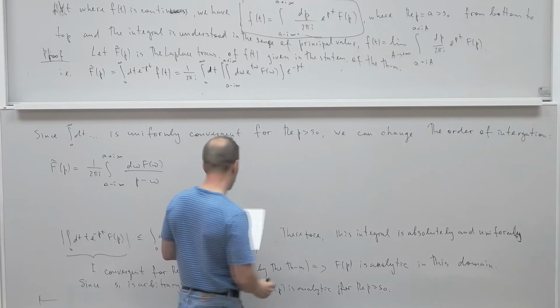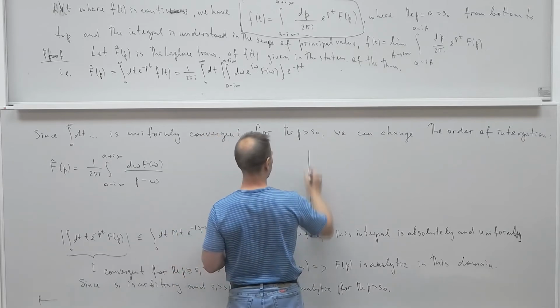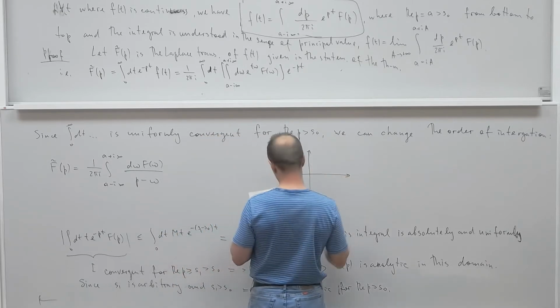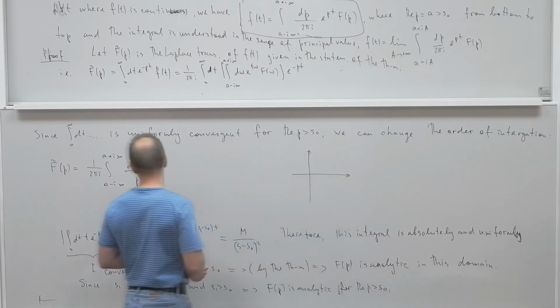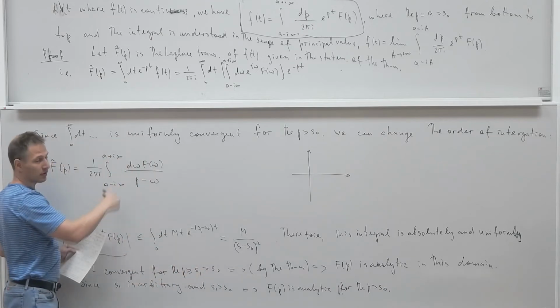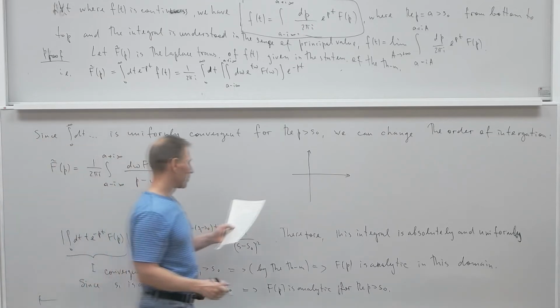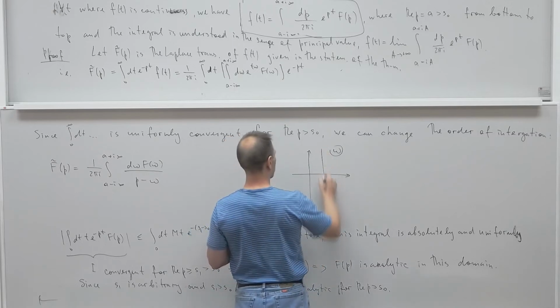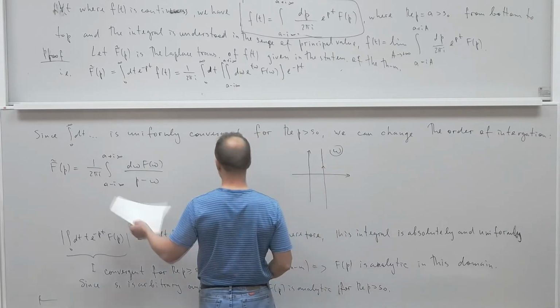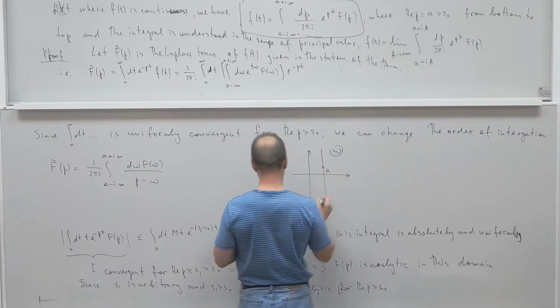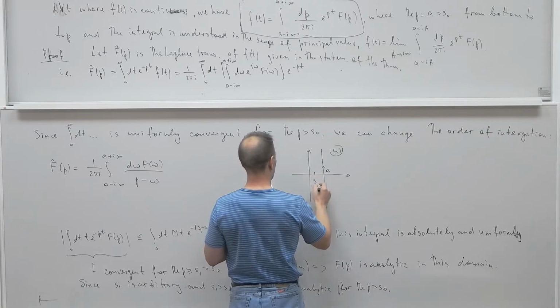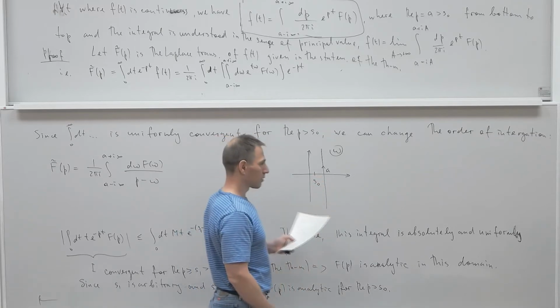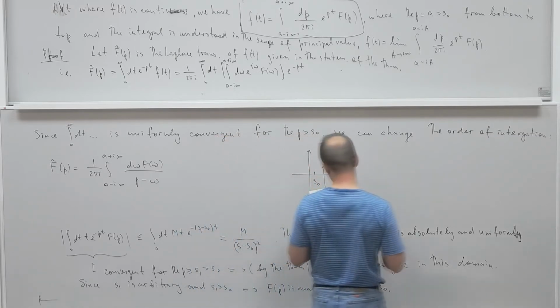Let me draw a picture. Our next task is to evaluate this integral. Here is the integration contour. This point A, this point S0, the growth index of the function f small of t.